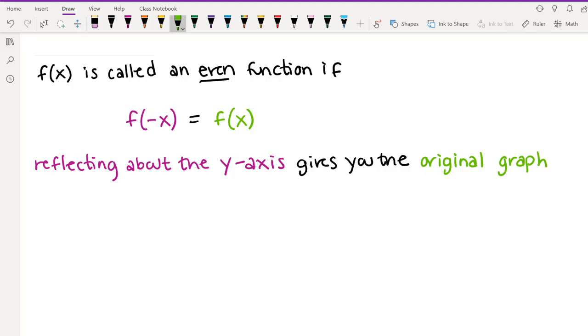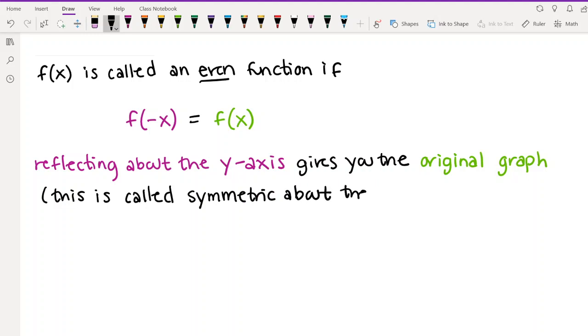It means that if you take that function and reflect it about the y-axis, you get exactly the function you started with. And so this type of symmetry is called symmetry about the y-axis. If you ever hear that a graph is symmetric about the y-axis, that just means that when you reflect it over the y-axis, it looks exactly the same as it originally did.